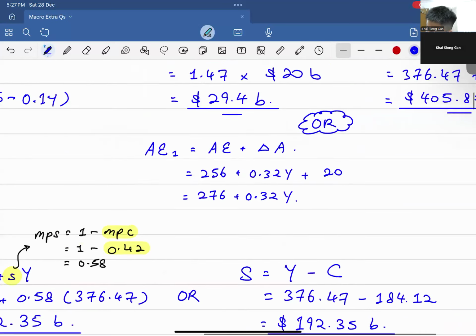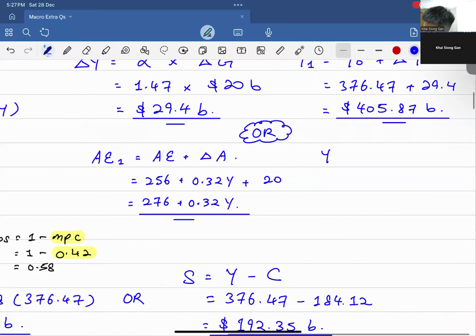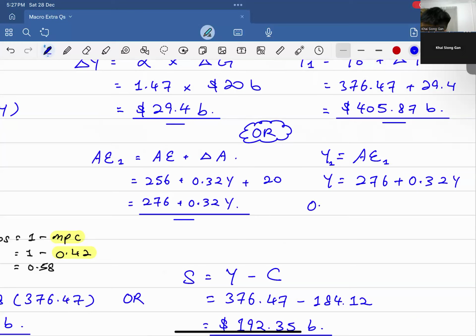You get this new AE first, and then using the equilibrium method, y equals AE, you calculate the new output. So y equals 276 plus 0.32y. Move the y to the left-hand side, and you get 0.68y equals 276.